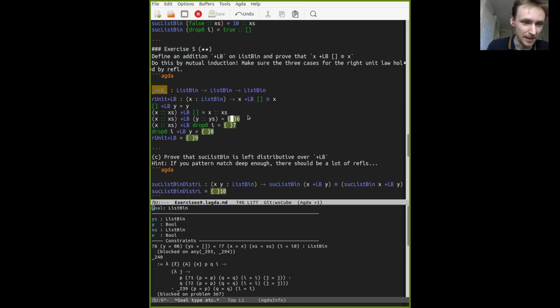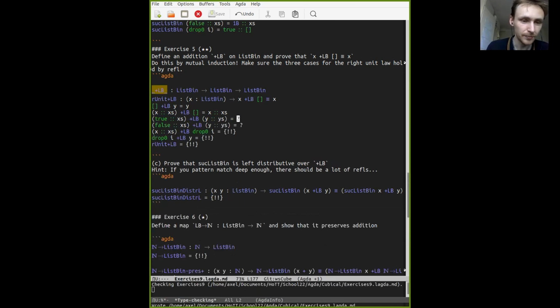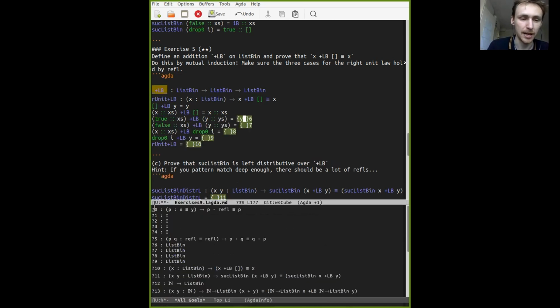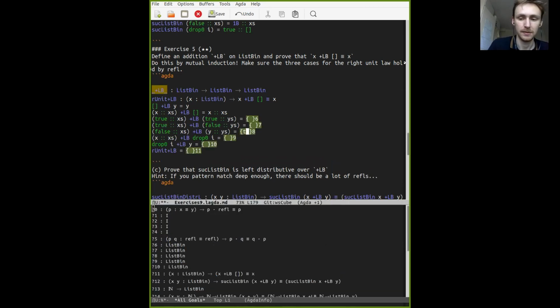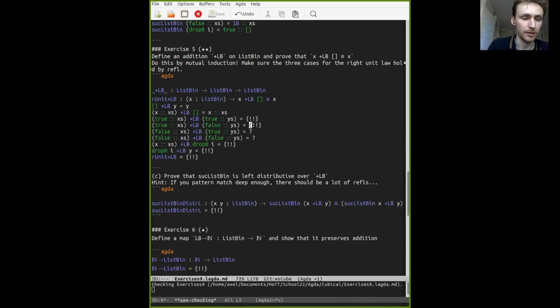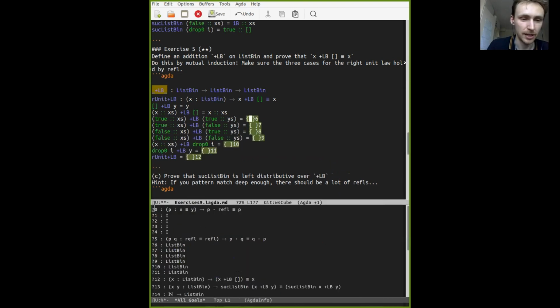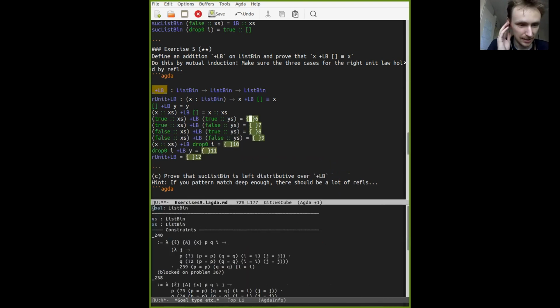So let's just start pattern matching here. We get 4 cases. Very annoying, but that's the best way to do it, I think. So let's just expand all the different cases here. You can probably do this in a much better way, but this is what I came up with in my late night session.